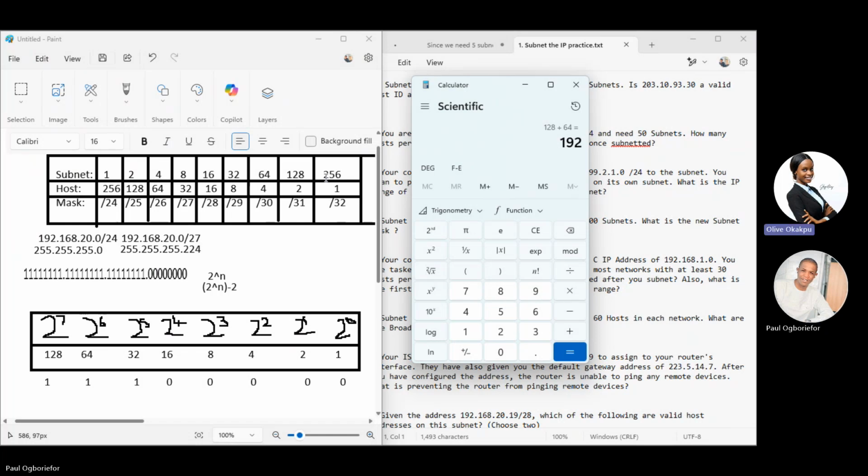They are usable for the network, aside from the network ID and the broadcast, the first and the last. So they become useless actually because you cannot assign any of them. By the time you give one to the network itself, and then one to the broadcast, which other one do you want to use?